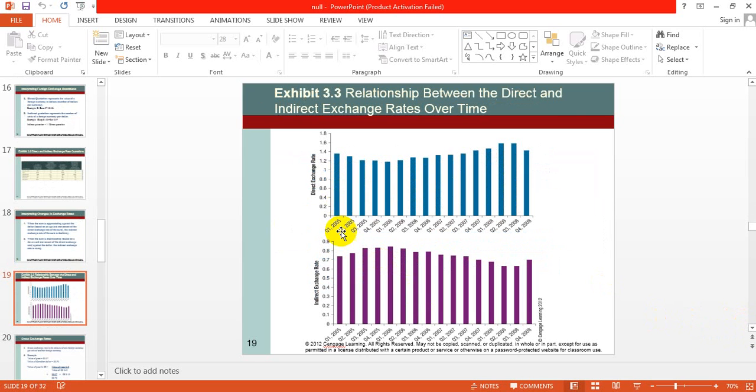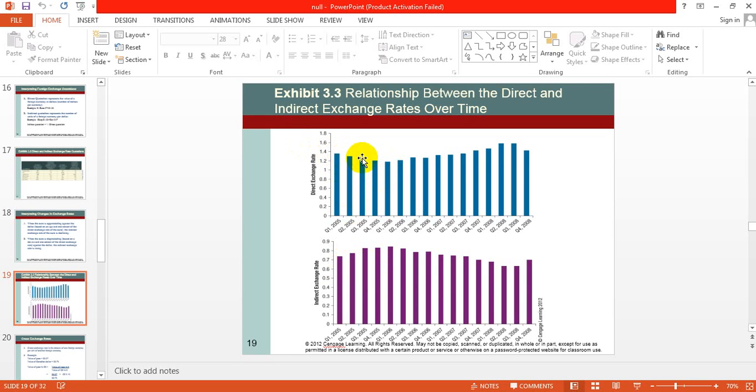This is the relationship in 2005. See this, there is a depreciation. Here there is an appreciation. Here is depreciation again. Here is appreciation, it is coming down.